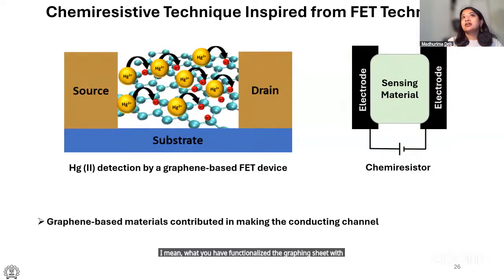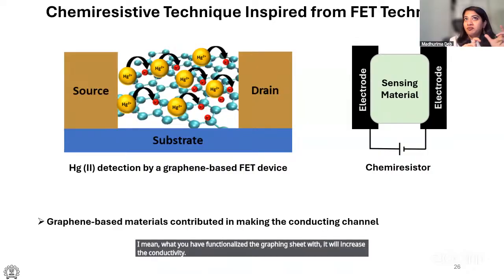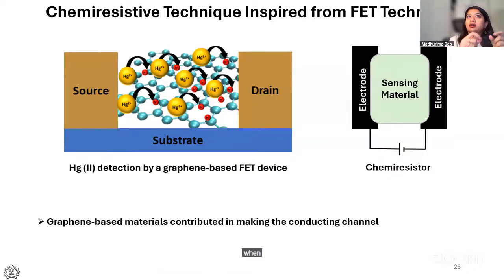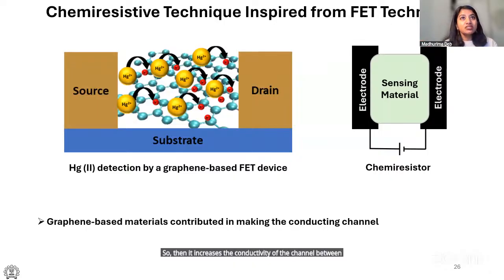The mercury ions will give you the holes, so it increases the conductivity of the channel between source and drain, and that change in conductivity is measured with the help of the FET device.